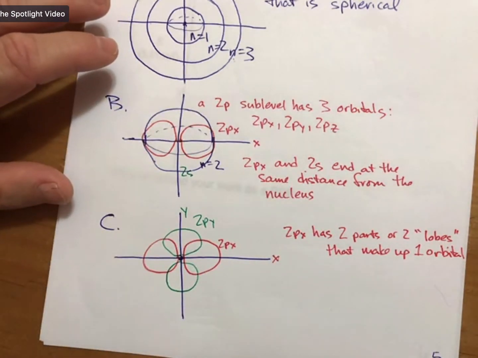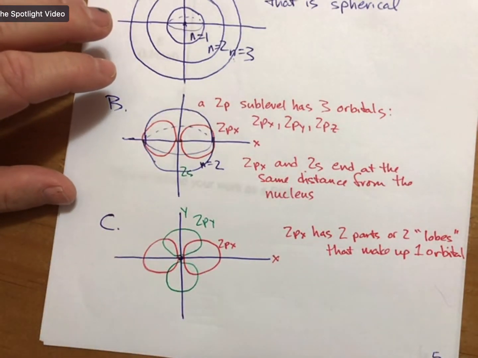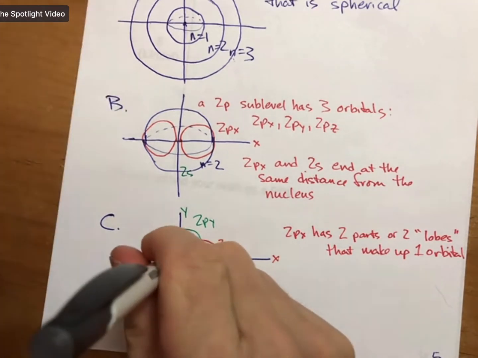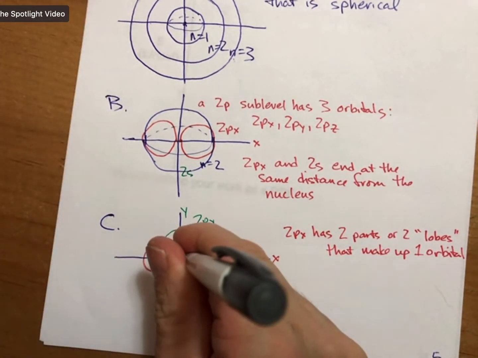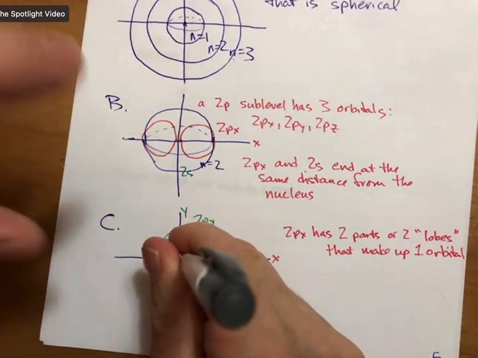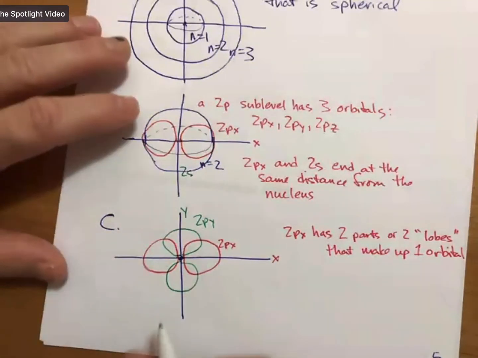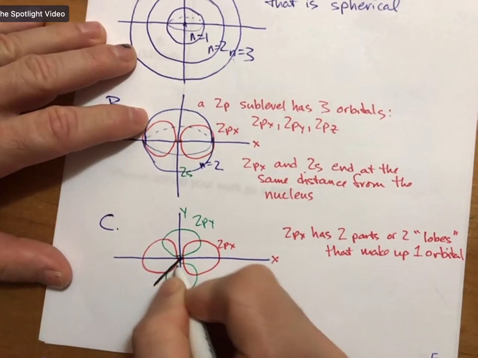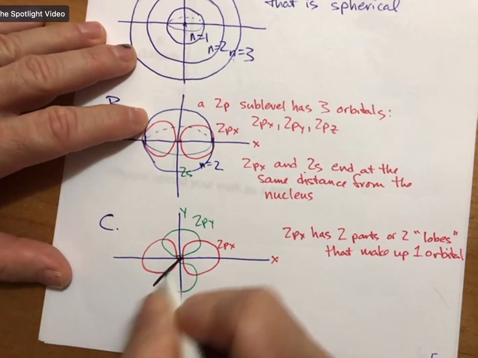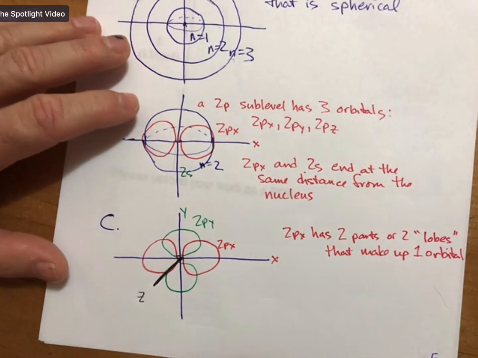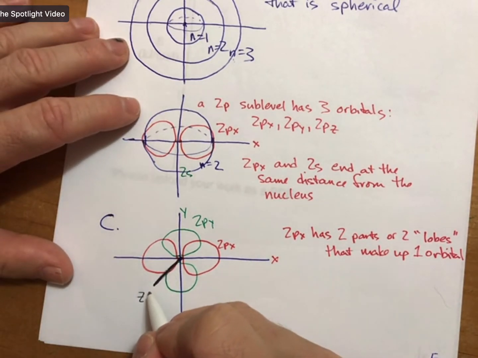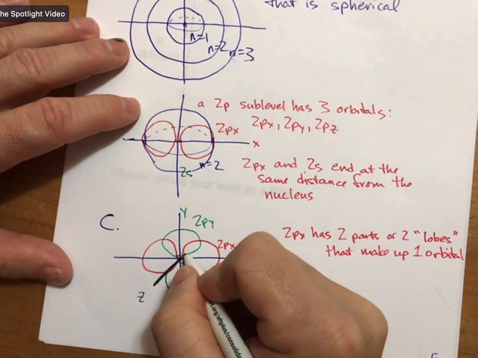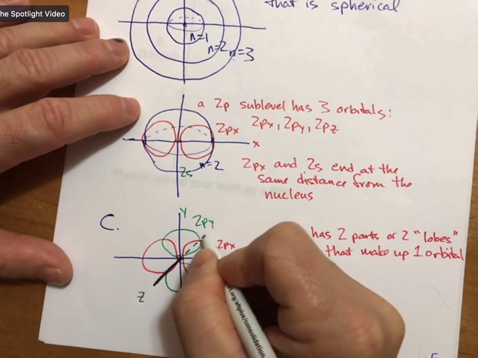Then the super tricky part is drawing 2pz, because the 2pz should come out of the page at us. How we're going to do that is we're going to draw the z-axis as a thick line as it comes out of the page at us, and as a dashed line as it goes back into the page.